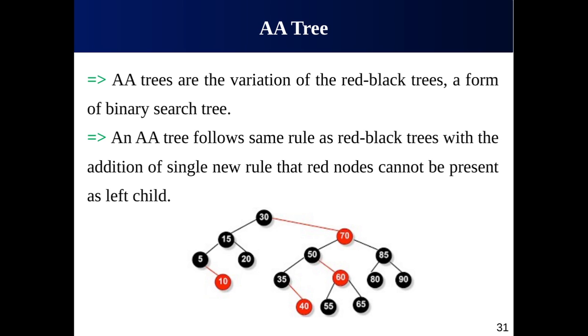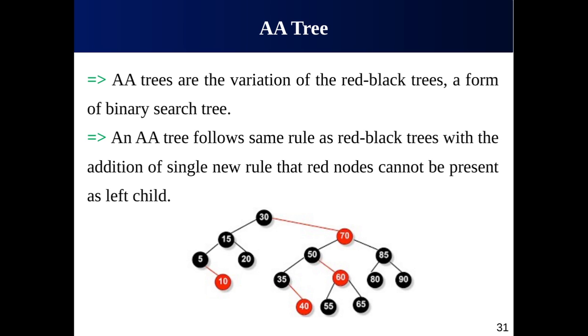And that is why sometimes it is a bit tricky to write code to implement the red black tree. In particular, the remove operation is quite challenging in the red black tree, because you have to maintain the depth property, the color property, internal node, external node, and so on. So AA trees are a variation of the red black trees. It is actually a method of choice when a balanced tree is needed.